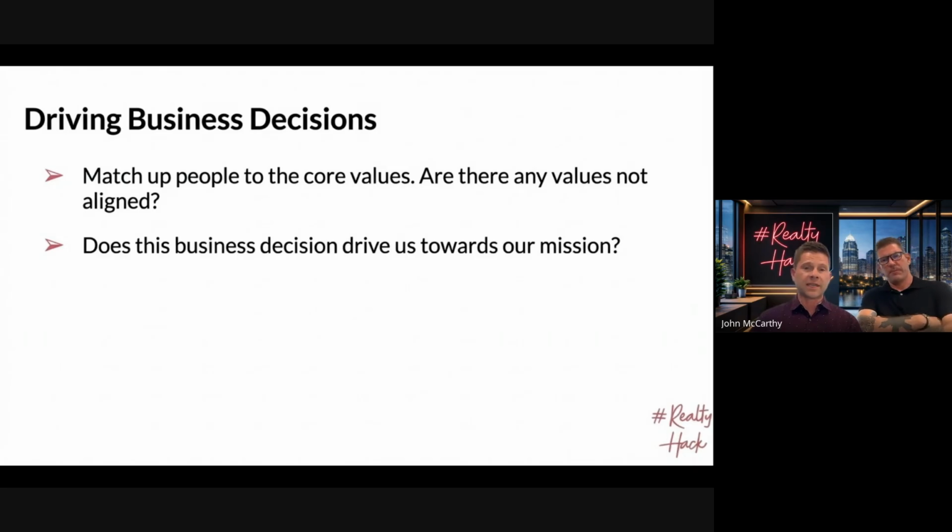Being able to say to them, if you embody these core values and we're aligned, you're going to like it here and we're going to like you here. But if you don't embody our core values and you're not aligned with our core values or our mission statement and you're not all in, you don't do these things, you're not really going to like it here. We're going to recognize that, and we're not really going to like you here either. And you're probably better off somewhere else, right? So being able to have that conversation up front really sets the stage of expectations.